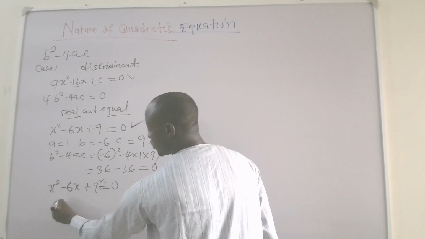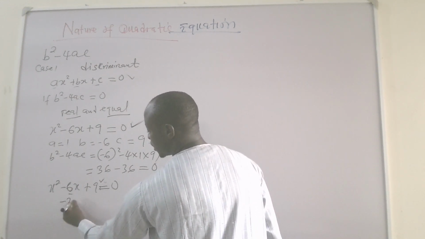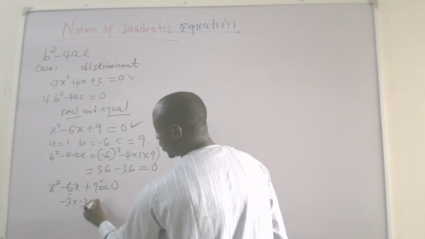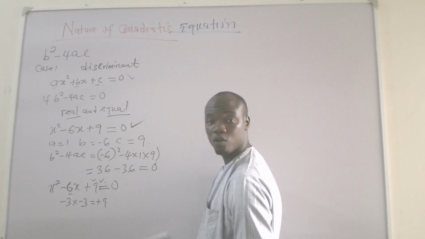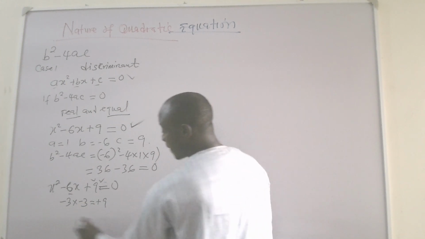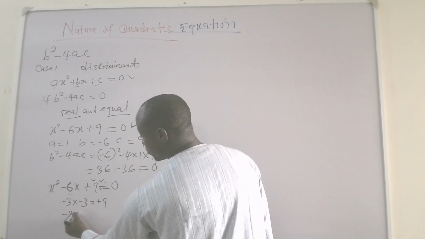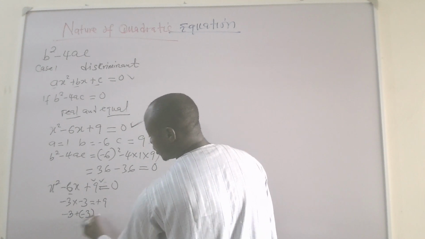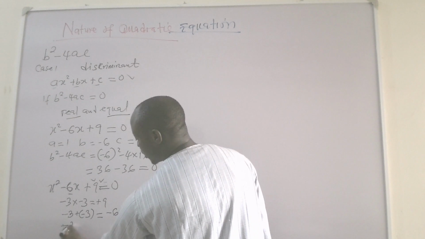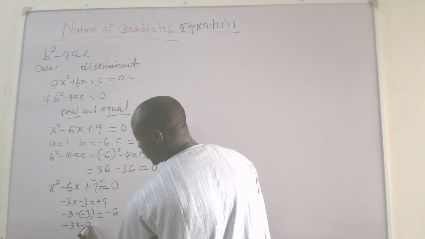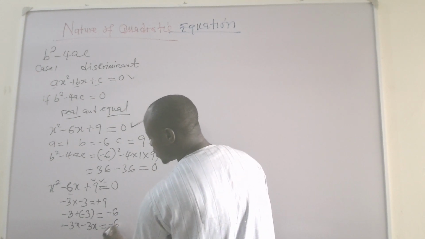We can see that minus 3 times minus 3 gives plus 9, and minus 3 plus minus 3 gives minus 6. So we can say minus 3x minus 3x gives minus 6x.